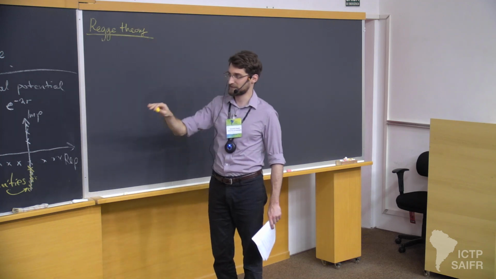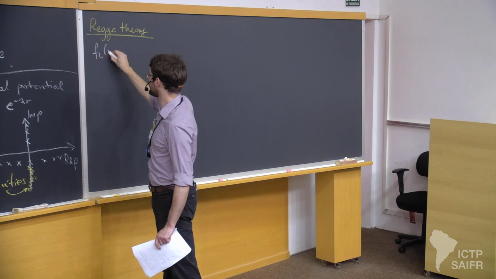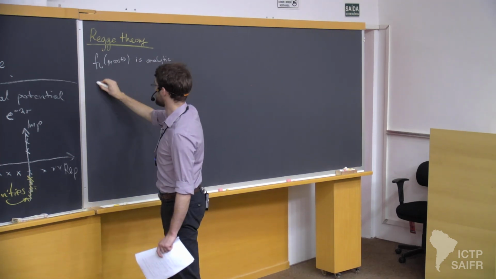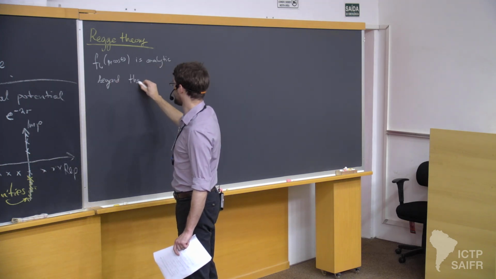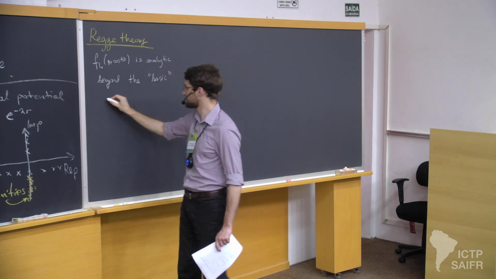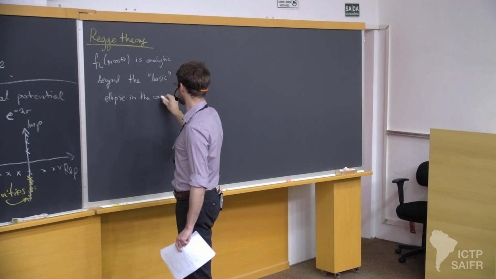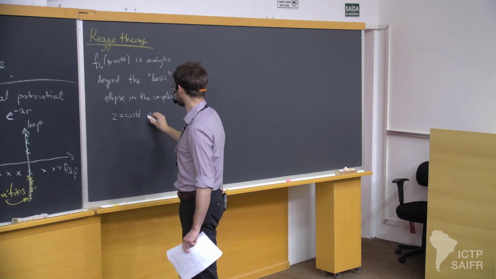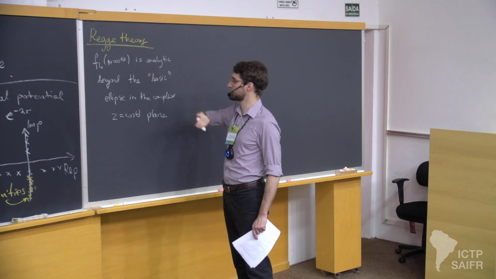Which is something that in this context you would use to prove that the scattering amplitude is analytic beyond sort of this ellipse that I would call the basic ellipse, in the complex Z-plane. Of course, there's a lot more to Regge theory.